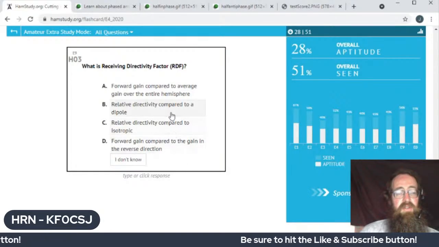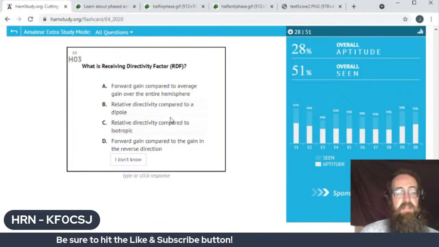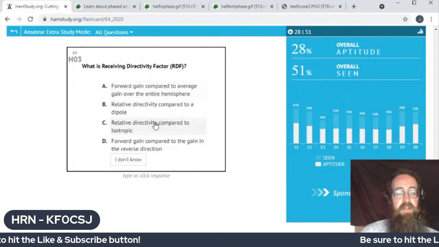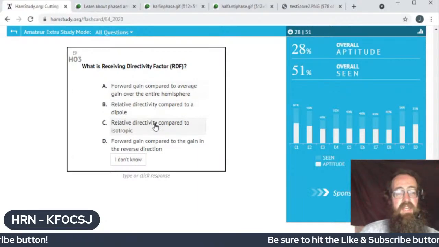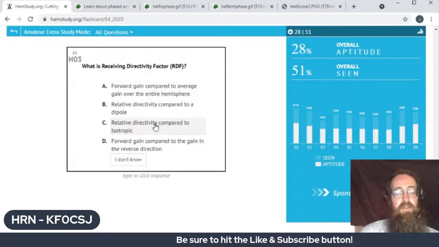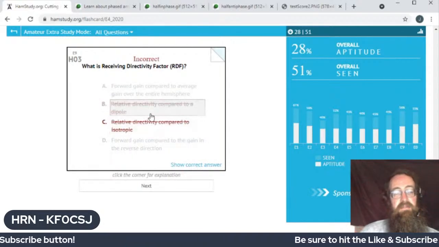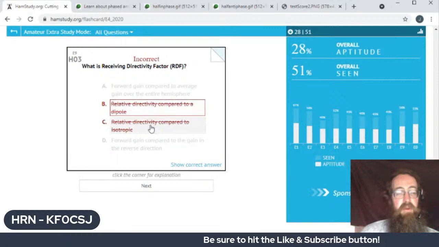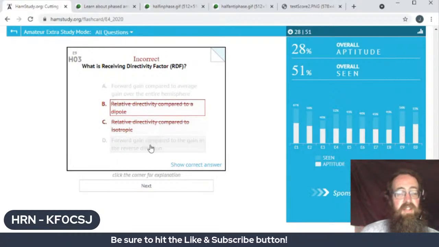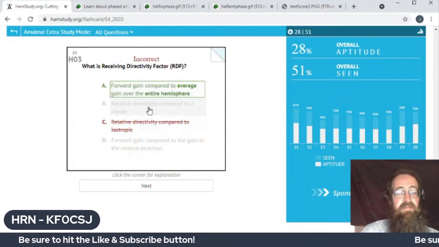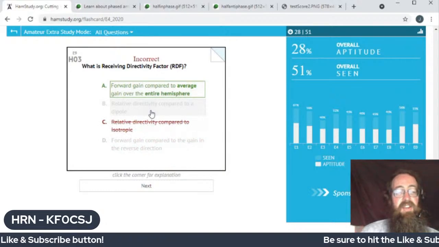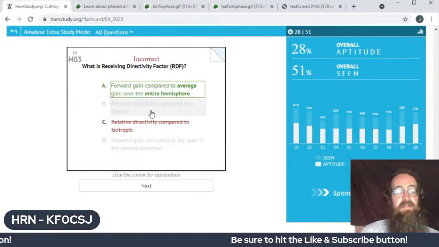There are two that have directivity from the question, so I'm going to narrow it down to those. And then I believe isotropic is ideal, so I'm going to go with compared to isotropic. And I am wrong on both accounts. It is A, forward gain compared to average gain over the entire hemisphere.